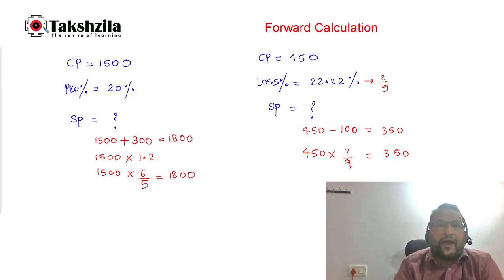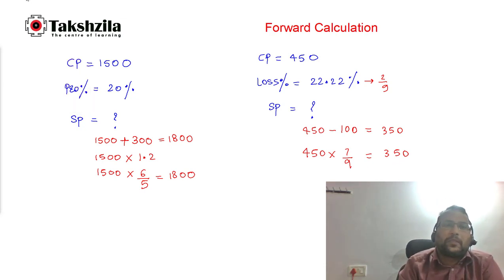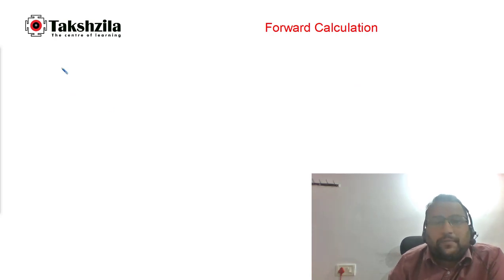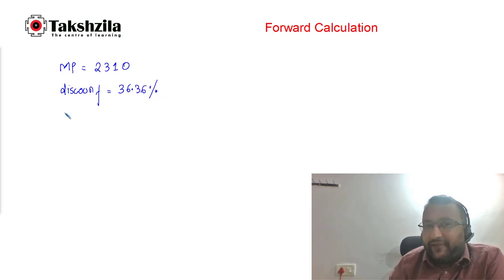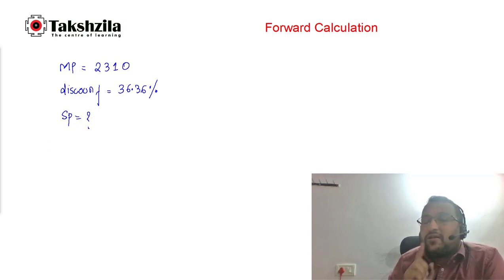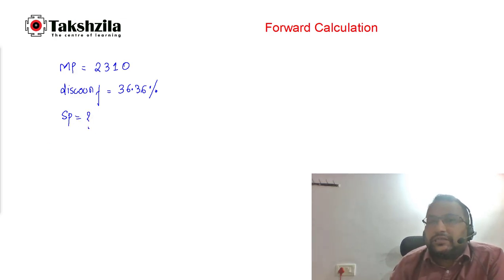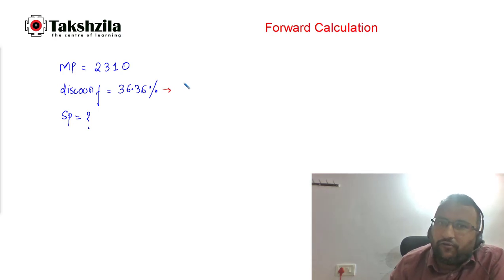After this, let's have a look at two more calculations. Now let's say the mark price of the article is 2310 rupees, and let's say the discount that we are going to offer is 36.36%. Over here we are supposed to find the selling price. Now how can we find it? First of all, you need to identify that 36.36% is nothing but 4 divided by 11.